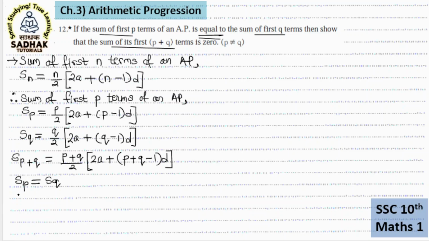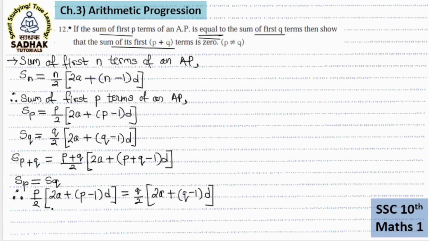Okay, therefore we can write Sp, which we got as p upon 2 [2a plus (p minus 1)d], is equal to the sum of q terms, that is q upon 2 [2a plus (q minus 1)d]. Okay, so this is one condition that is given.